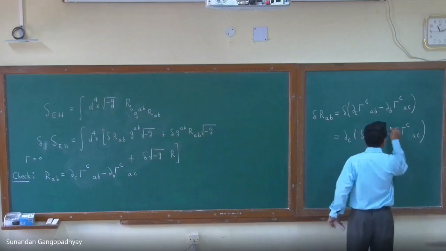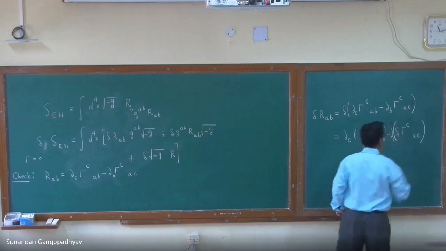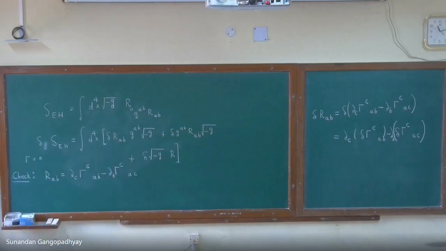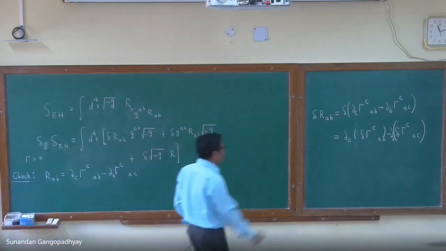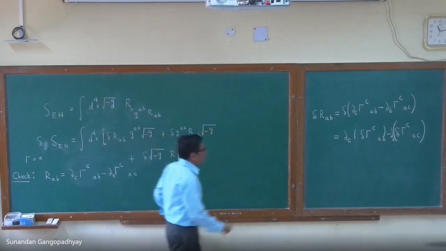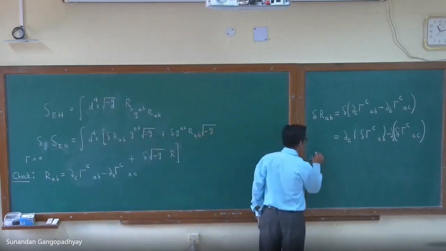Thank you very much. Now it is fine. So you have two terms. Because now what we shall do is multiply this thing by G^{AB}. So we will just multiply by G^{AB}.